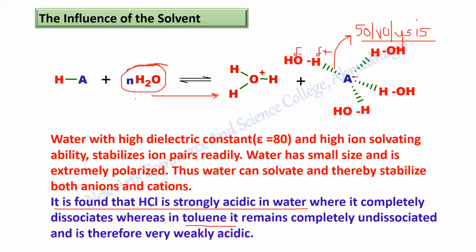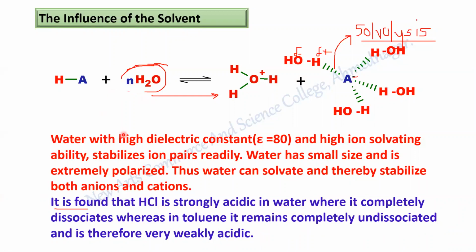If a non-polar solvent is there, then Cl minus cannot be stabilized by such a solvolysis process, because positive-negative interactions are absent. So in the presence of toluene, the HCl remains undissociated. In a non-polar solvent, hydrochloric acid is weakly acidic, while in a polar solvent it is a strong acid.